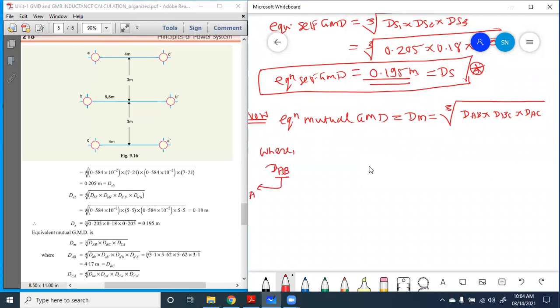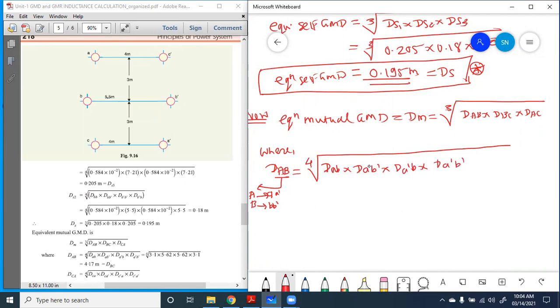DAB is related with phase A and phase B, but phase A is made up from A and A dash, and phase B is made up from B and B dash. So what is the combination? Fourth root of distance AB, distance AB dash, distance A dash B, distance between conductors A dash B dash.